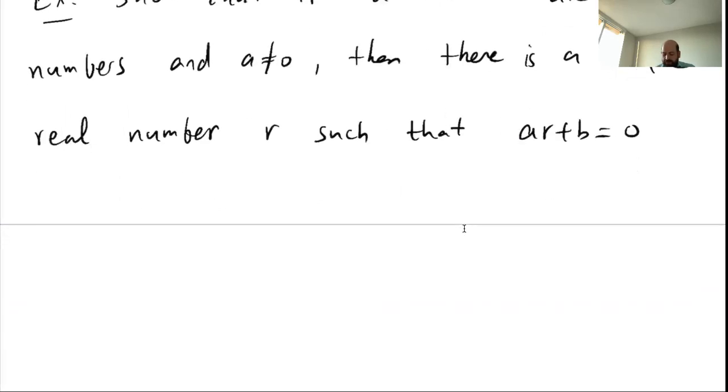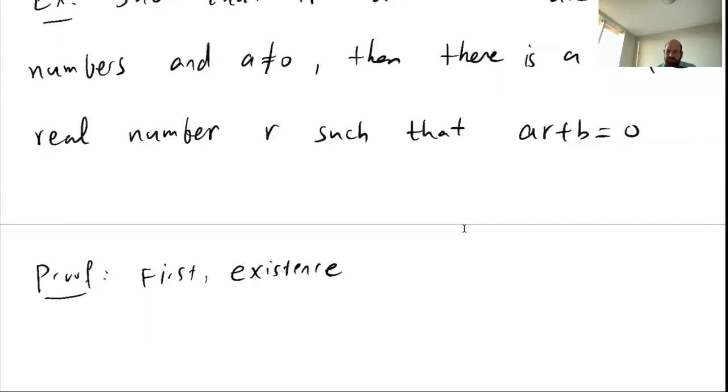Okay, so first for existence, we want to prove the uniqueness, but first we need the existence. So proof, first existence. And we know that for existence, we can do constructive or non-constructive. For simple examples, usually we can do constructive. So can we construct a number R such that AR plus B is equal to 0?